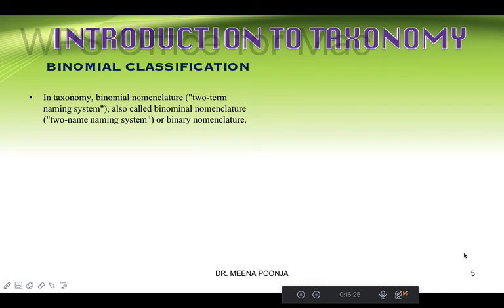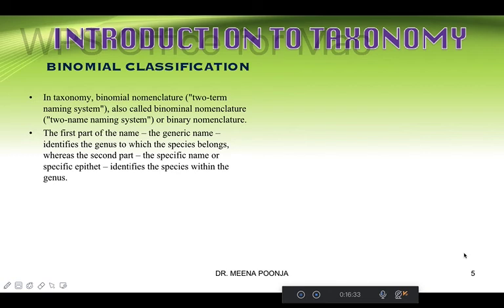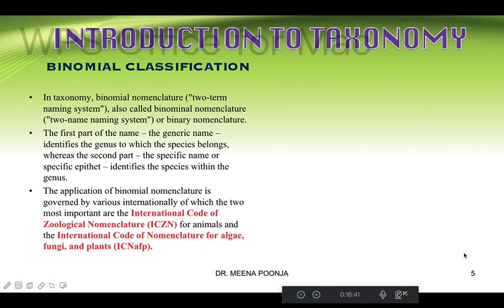Biologists from all over the world follow a uniform set of principles for naming organisms, and this set is accepted internationally. There are two major international codes which take up the namings or classifications brought about by biologists over the entire world.